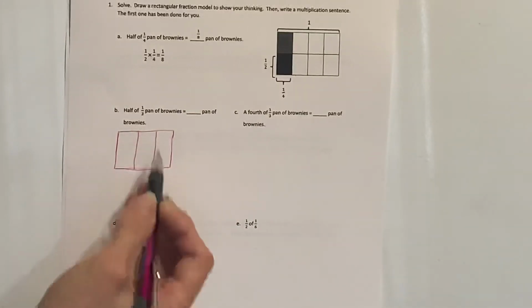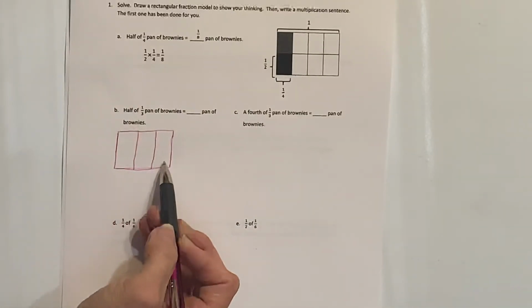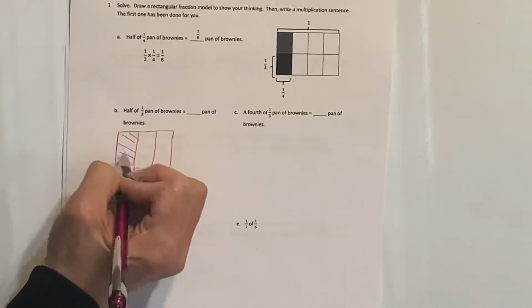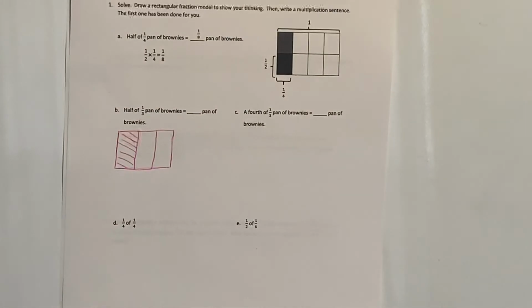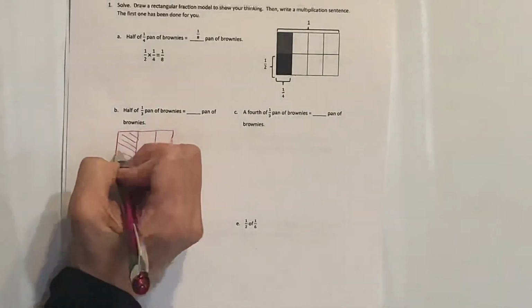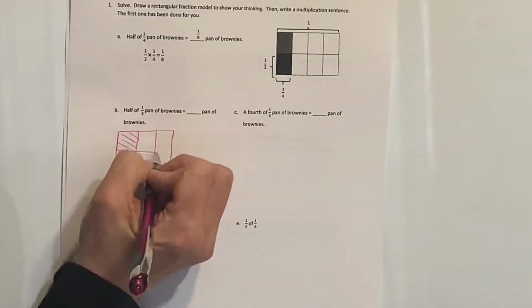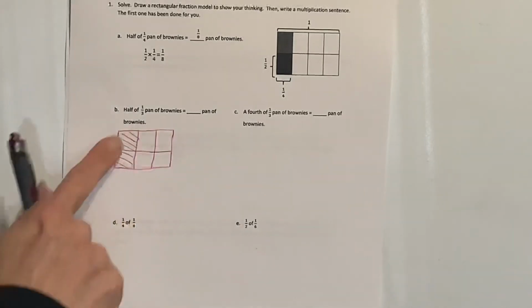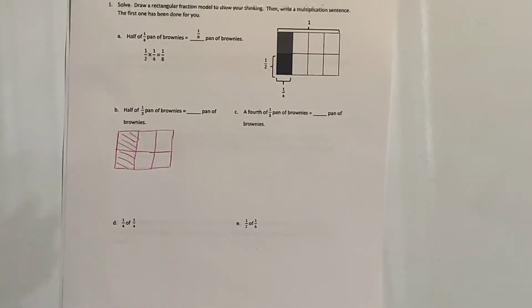So there's the pan in thirds, 1/3, 2/3, 3/3. 1/3 of them would be right here. Now, I need to show half of that. So I'm going to draw my line. Even though some of these brownies are already gone, I'm still going to draw my line there so that I can see the fractional parts, what it would be when we're splitting them into smaller pieces.